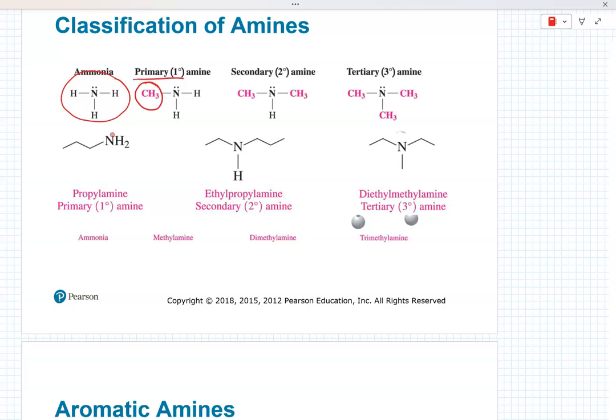Just 1 hydrogen is replaced. Am I making sense? If you replace 2 hydrogens, you get a secondary amine. And if you replace all 3 hydrogens, you get a tertiary amine. So you absolutely should be able to distinguish between those. Making sense, everyone? All good?